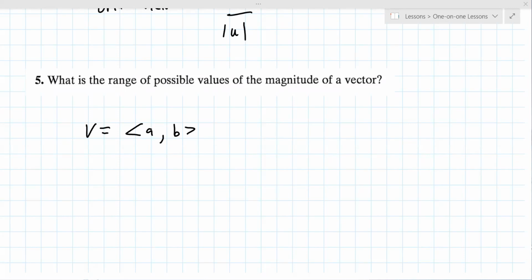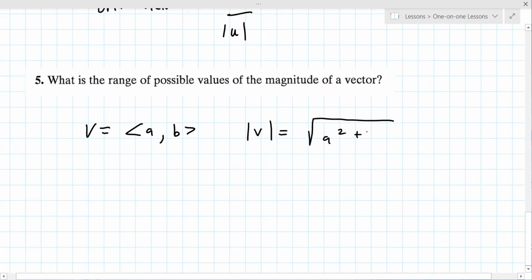So this is one of those questions you might see. It says, what is the range of possible values of the magnitude of a vector? If I give you a vector a comma b, the magnitude of the vector is the square root of a squared plus b squared. The magnitude could be as big as it needs to be, because these numbers are unlimited in size.